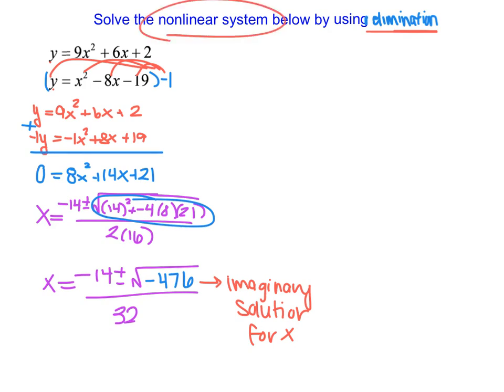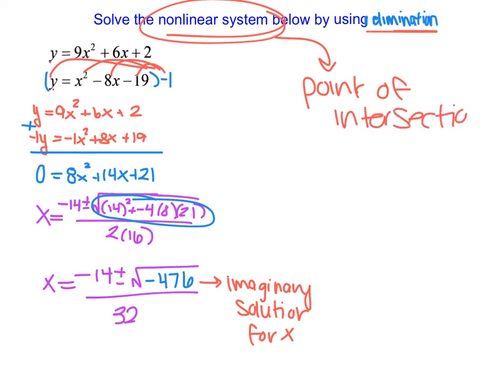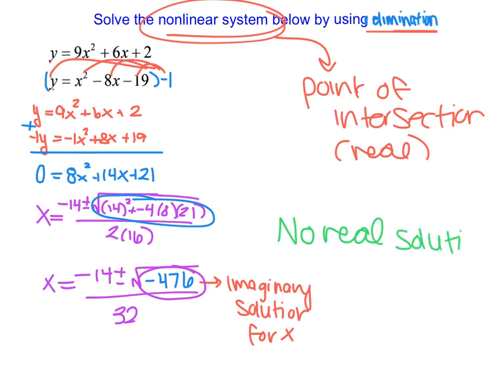But when we're solving a system of equations, we're trying to find the point of intersection. And what we're really focusing on here are the real points of intersection. The imaginary ones, while we can solve for them, are very complex. So what you can do here is stop and say, because of this negative underneath the root, there are no real solutions, or there are no real points of intersection to this particular problem.